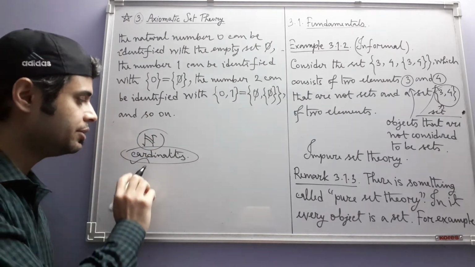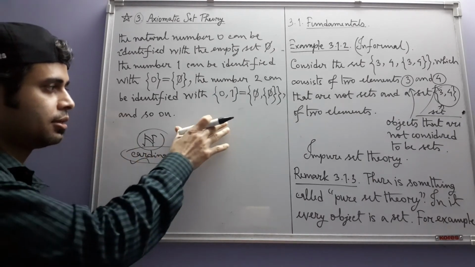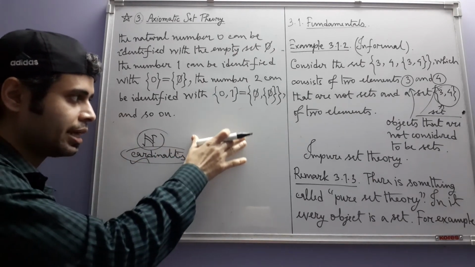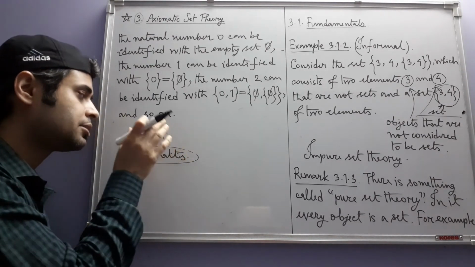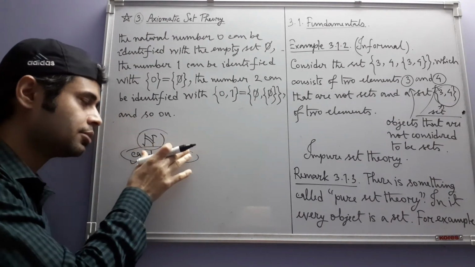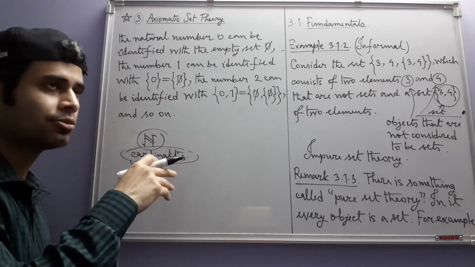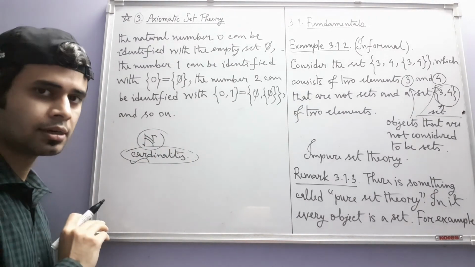So the system of natural numbers developed using the Peano axioms or using cardinalities are going to give me identical results.